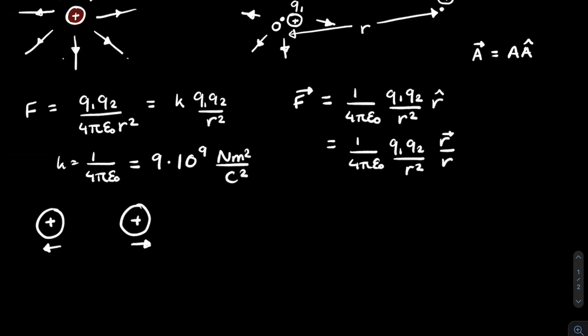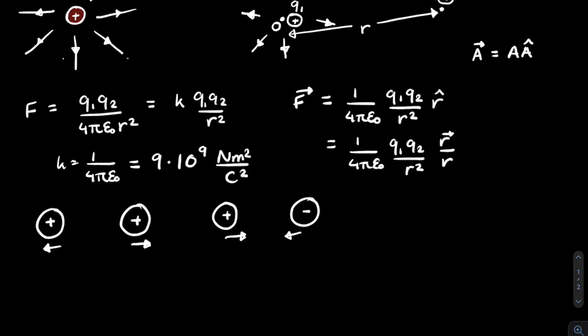So this charge right here will exert a positive force on this one, and likewise for the other one. So the distance will always increase. Alternatively, if you have a positive charge and a negative charge, then you guys probably know that they are going to attract one another, because opposite charges attract each other. So this is actually going to decrease the distance between them, which is why this is a negative force and why there's going to be a minus sign.